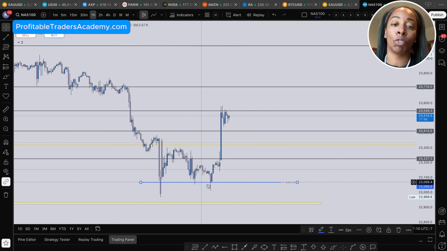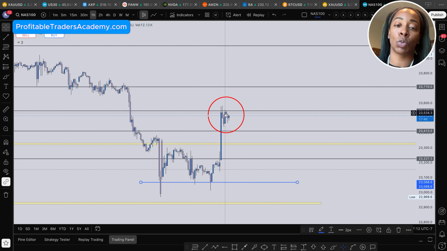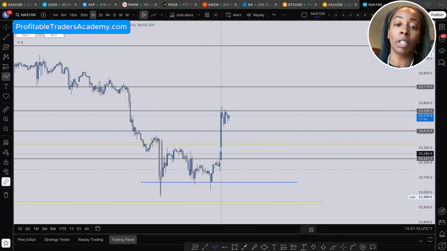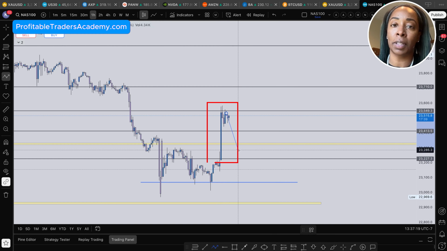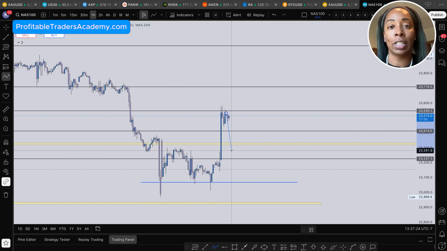What I'm looking for next week, so obviously we have this resistance here that was created. I'm looking for some sort of pullback for sure, because really big moves like these typically get retraced, and I want to make sure that I find a good level in order to continue the buys for this market. My first target would be here and going up.